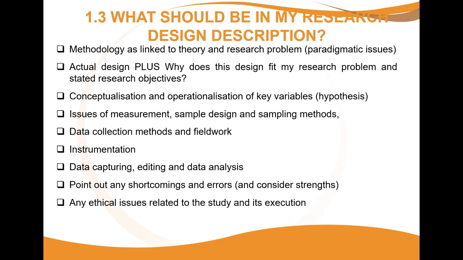It's the actual design plus why does this design fit my research problem and stated objectives? Remember, everything in the research needs to be connected. You must think of it almost as knitting a piece of cloth together or knitting a big blanket together.